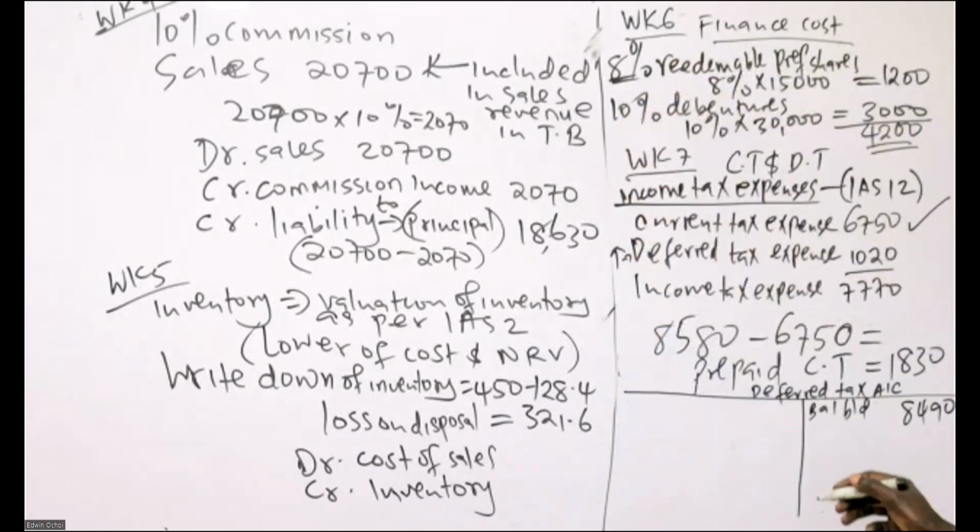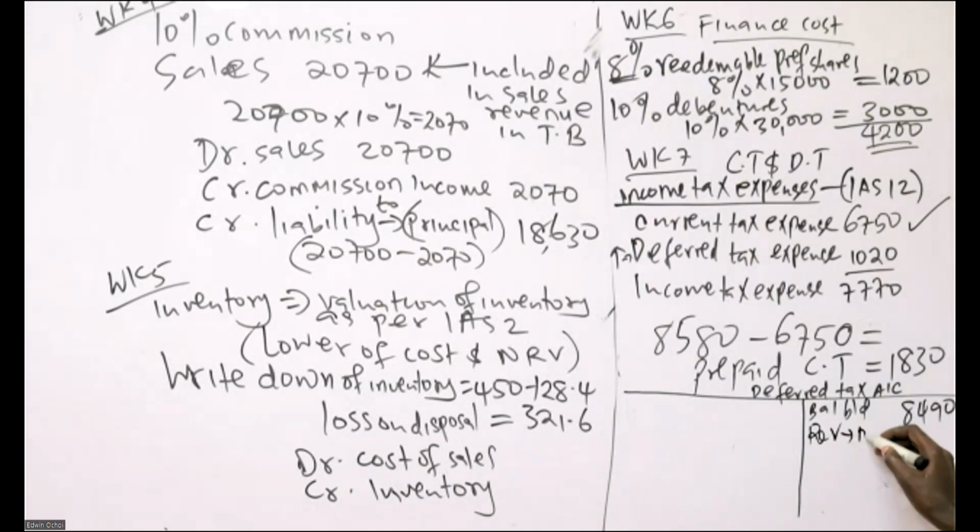So increase this account by the deferred tax on revaluation, which is 30% of that revaluation. Our revaluation was 14,790. So 30% of this is 4437.